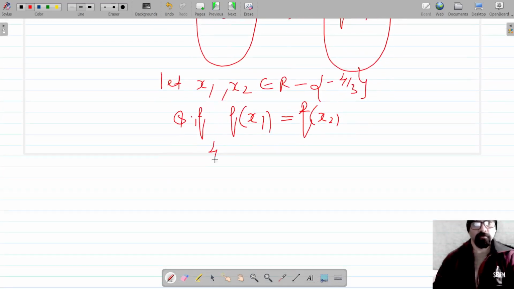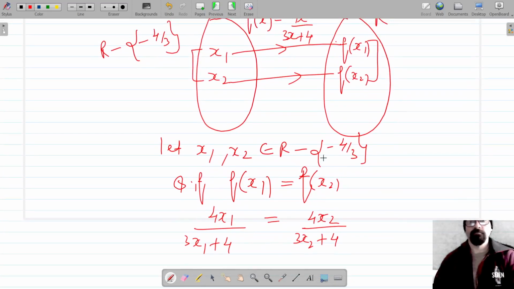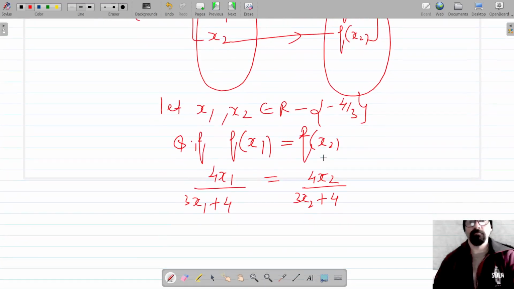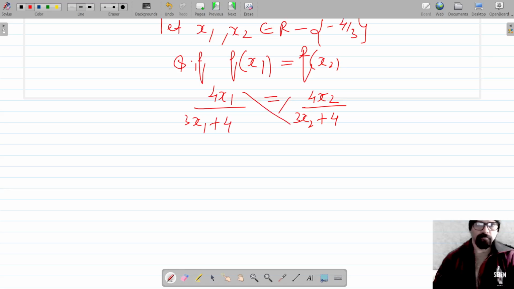So this is 4x1 upon 3x1 plus 4 is equal to 4x2 upon 3x2 plus 4. Let's cross multiply; the 4 and 4 get cancelled.